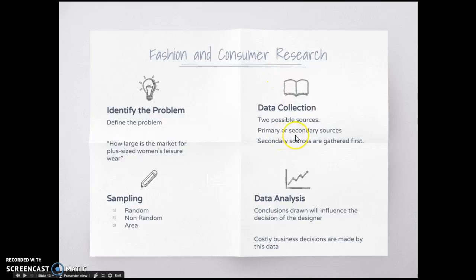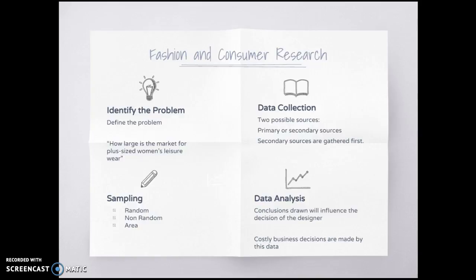Data is probably going to be gathered from 2 possible sources. Secondary sources are usually examined first because this method is the most cost effective. So where we would get secondary data is from company records and archives. So maybe looking at sales reports or product returns.